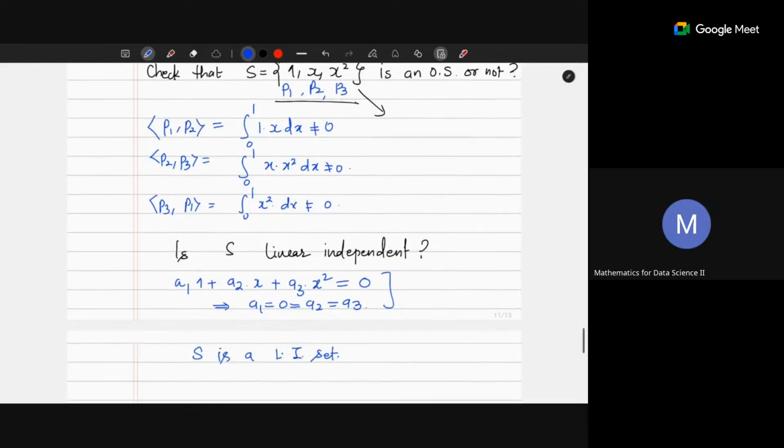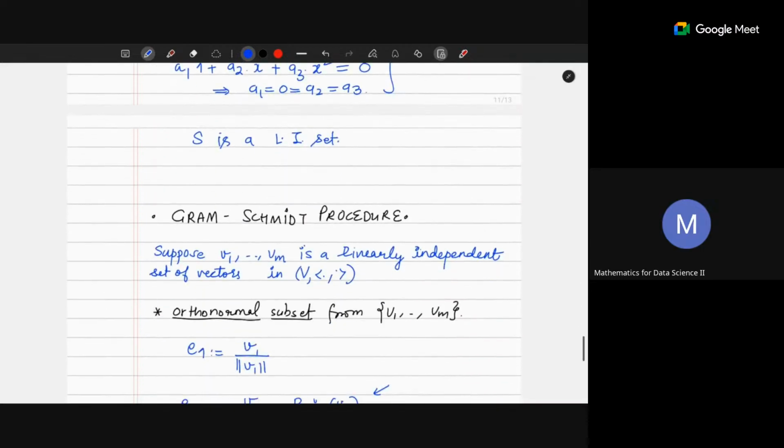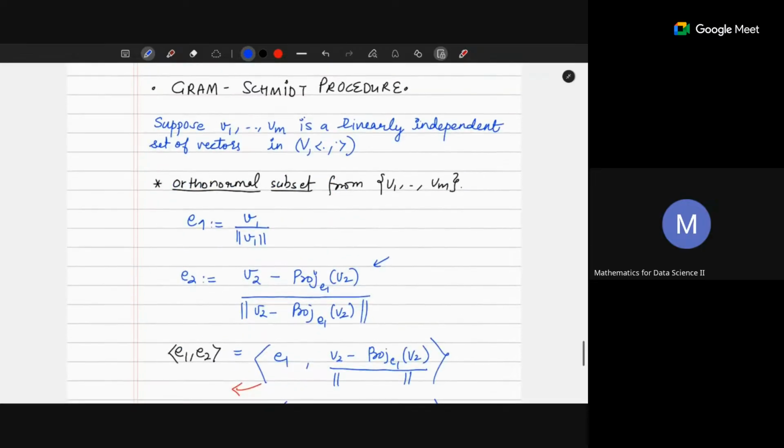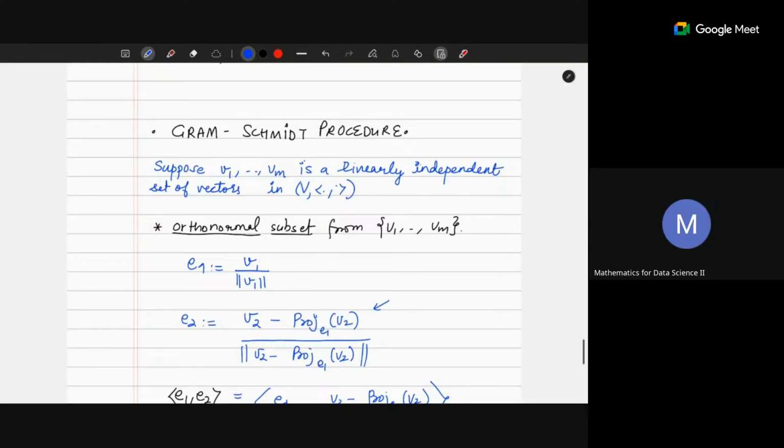How do we form the orthonormal set? We need the Gram-Schmidt process, which can convert any independent set into an orthonormal set, and we will discuss it in the next session. Today's session stops here. Any question you may ask me.